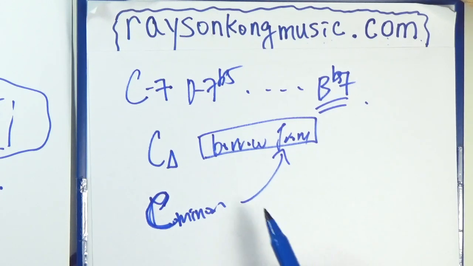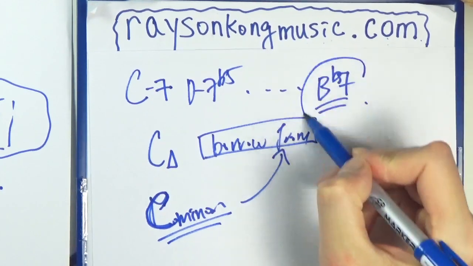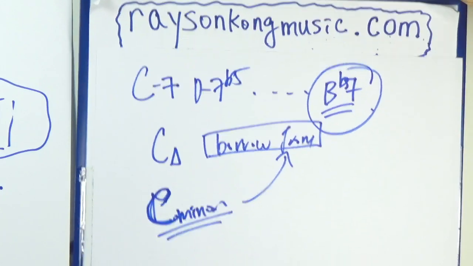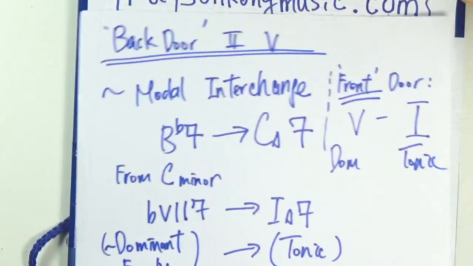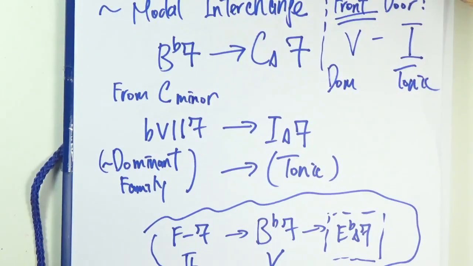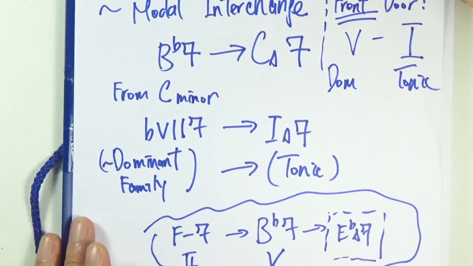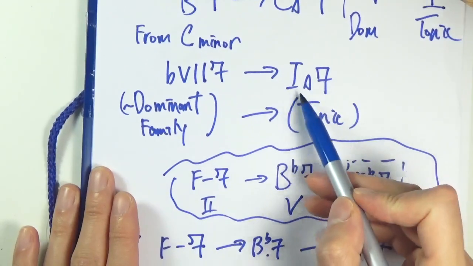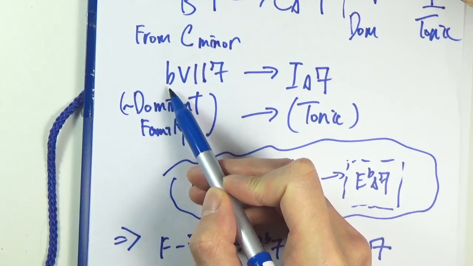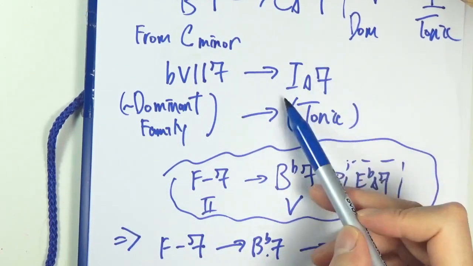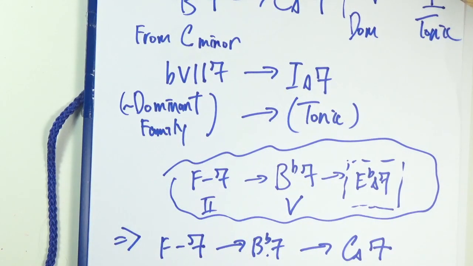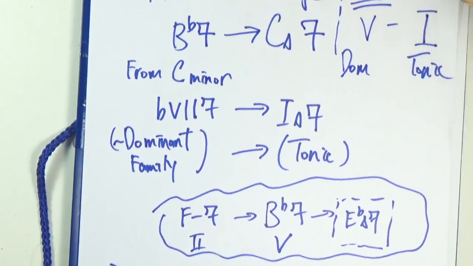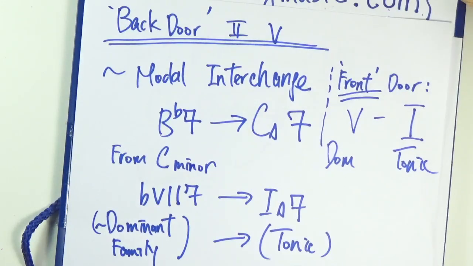In this case, we are stealing or borrowing the B flat 7 into our major key. It is really quite widely used. So again, analyze it as a flat 7 dominant 7 to 1 major 7. That's why it is also filed under modal interchange, because we're borrowing modally. And minor is really just one of the modes, okay?